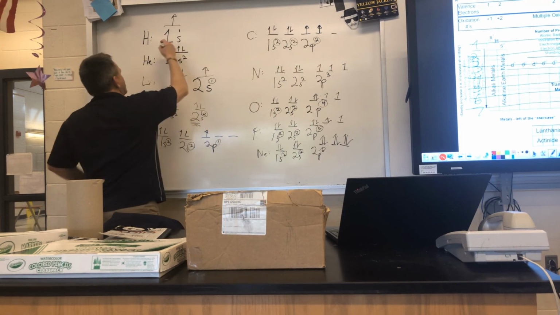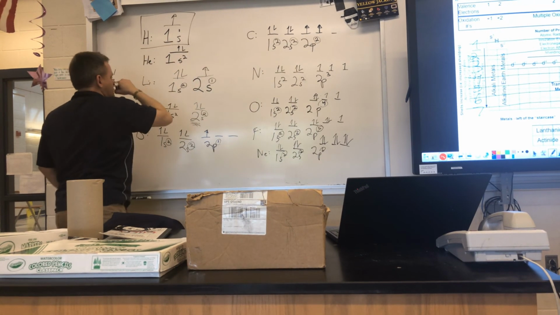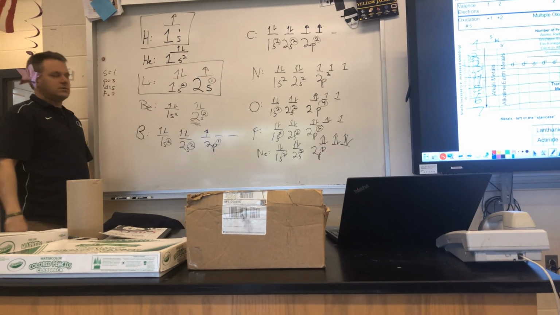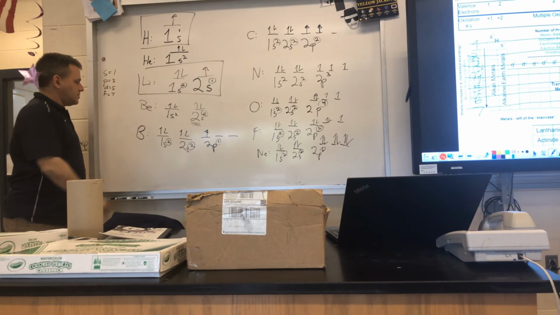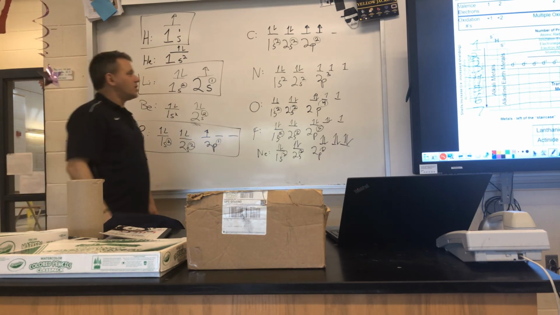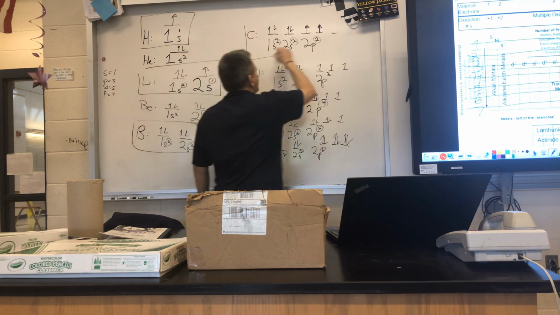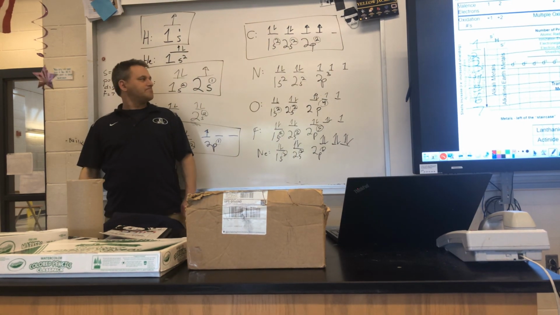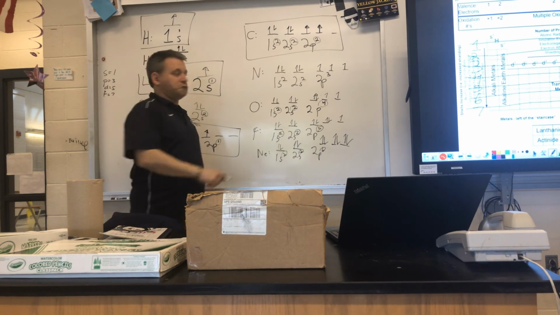Hydrogen has room for a pig. Guess what? It's explosive. Lithium has room for a pig. It's explosive. Boron is a little explosive. Carbon is very reactive, believe it or not. That's why everything's made out of carbon.